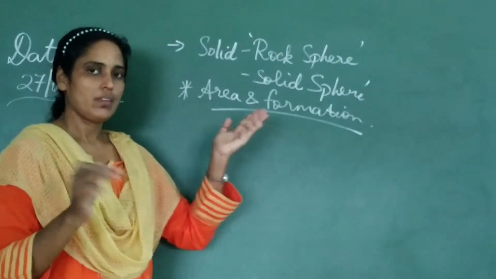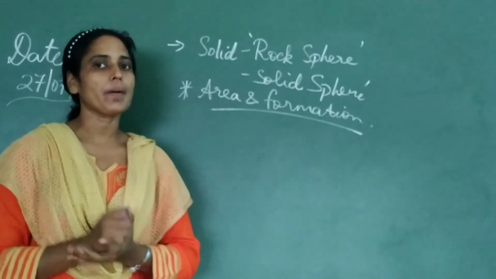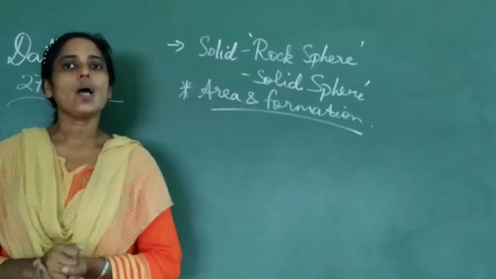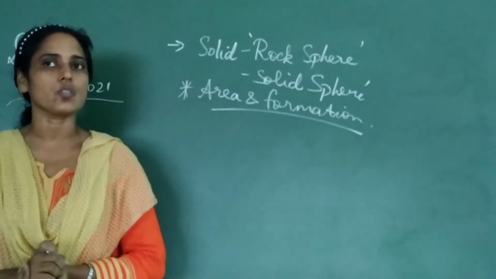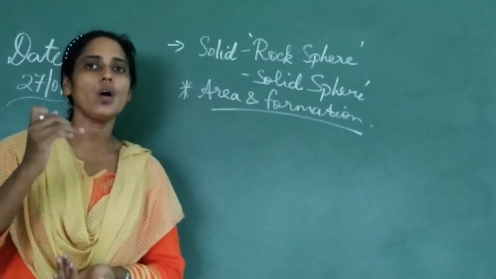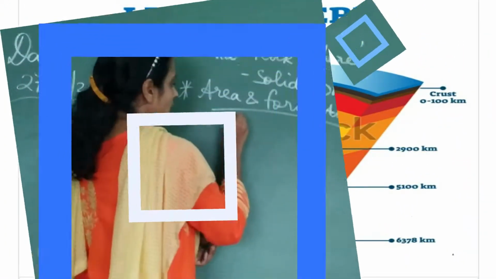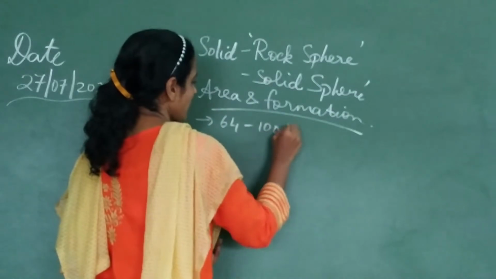And formation means how it is formed, what all is comprised in that. The upper layer we saw is hard. If we take approximate figures, it has approximately 64 to 100 kilometers of thickness.